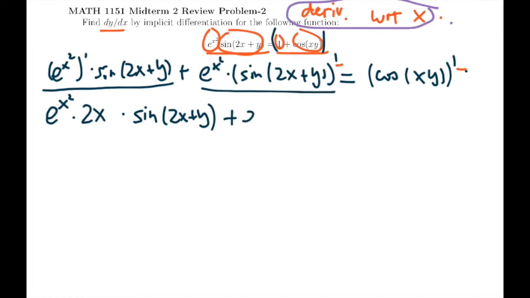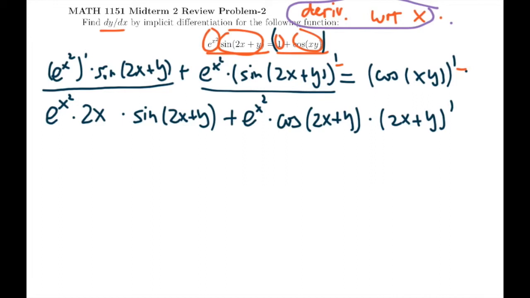It is e to the x squared times the derivative of sine of 2x plus y. By using the chain rule, firstly it is cosine of 2x plus y, and then times the derivative of 2x plus y. Again, remember we're taking the derivative with respect to x, and here y is a function of x.